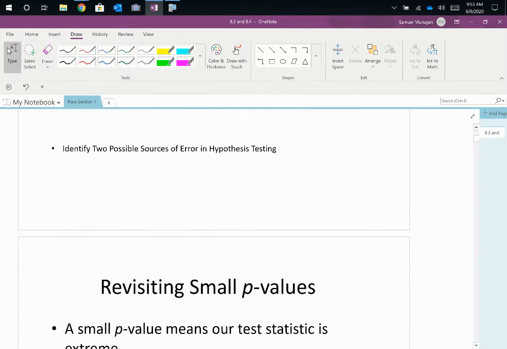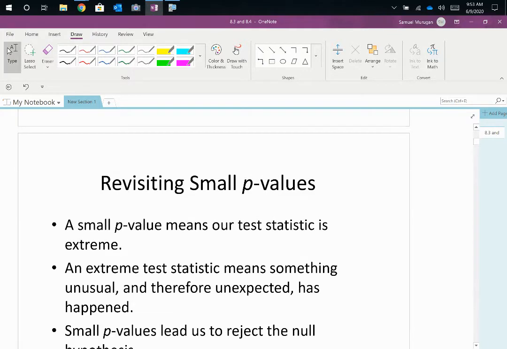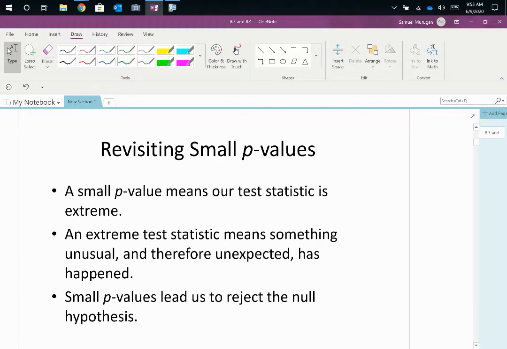Now, let's revisit small p-values. Big deal here. A small p-value means that our test statistic, the z, is extreme. In other words, it is very far to the left or to the right of the zero.